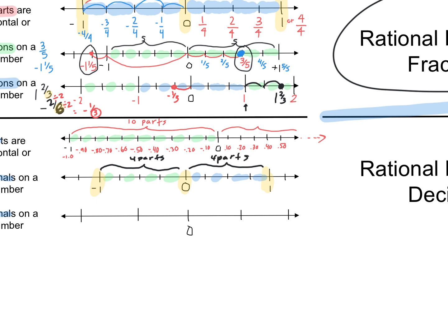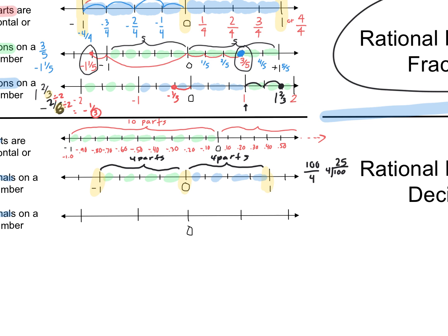Okay. So now if it's 4 parts, all I have to do is figure out what's 4 parts of 100? So if I have 100 and I have 4 parts, I can divide by 4, so I can figure it out pretty easily. And I know that that's going to be 25.